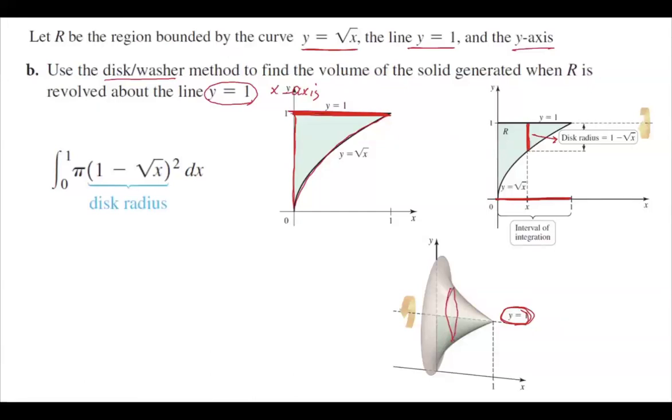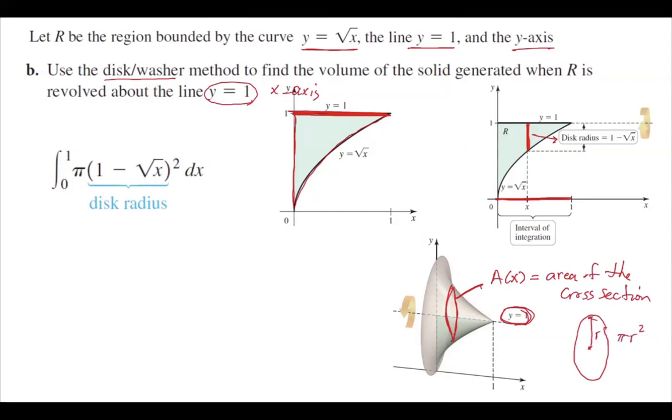So remember that in the disk method, when you are looking at the cross section, it is a disk. This is your A of x, the area of the cross section, which in this case is a disk. But when you're calculating the area of this circular object, this is pi r squared, right?